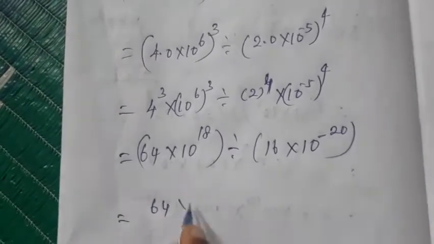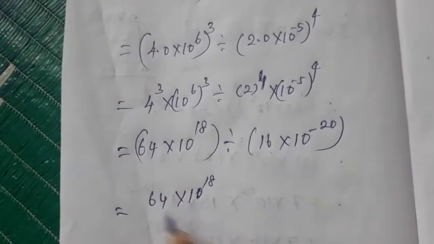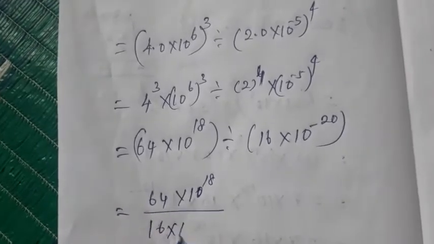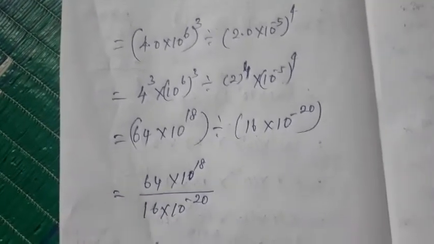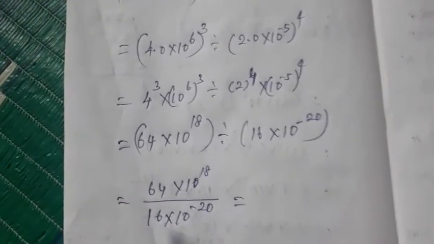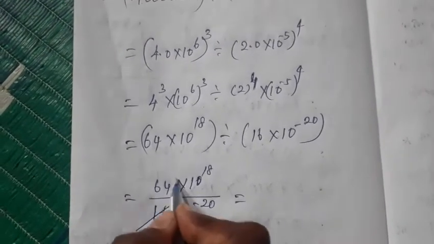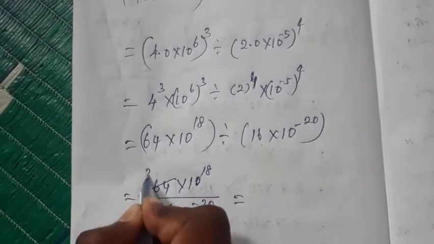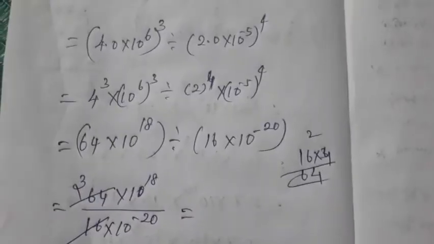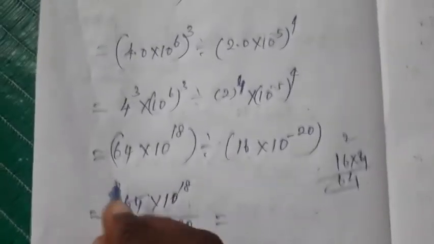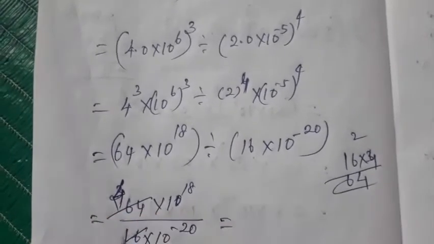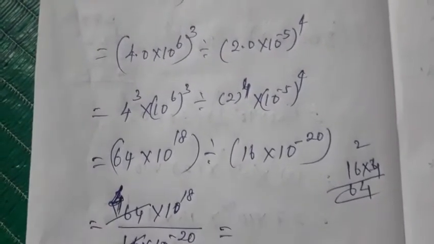Therefore 64 into 10 to the power 18 divided by 16 into 10 to the power minus 20. So now 64 by 16. Now cancel. 1 times of 16, 4 times of 16 is 64.